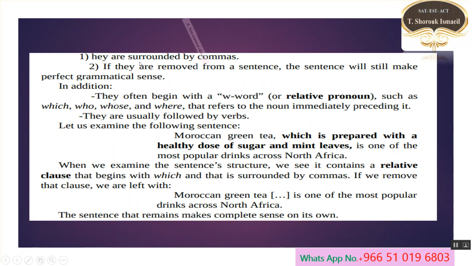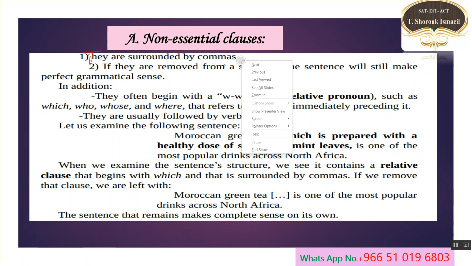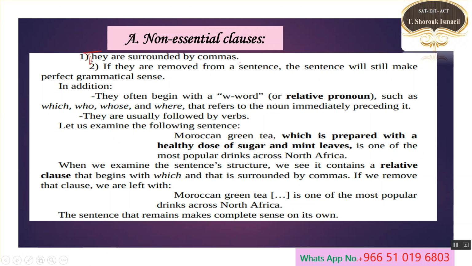Here, when we talk about non-essential clauses, like relative clauses, what about them? They are surrounded by commas. That's what we said. You have a comma before and a comma after them. So a non-essential clause is separated from its sentence by commas.